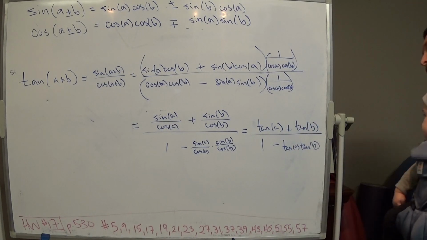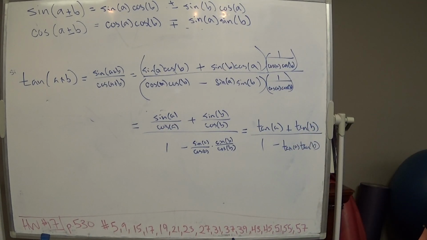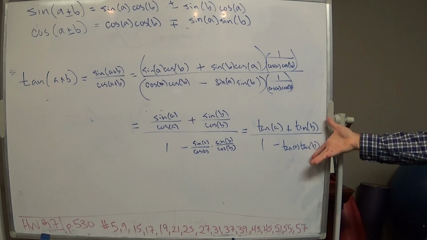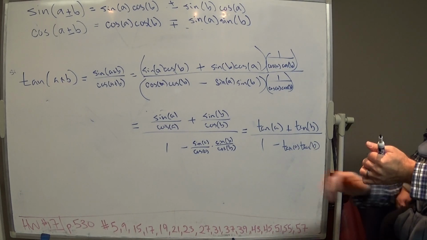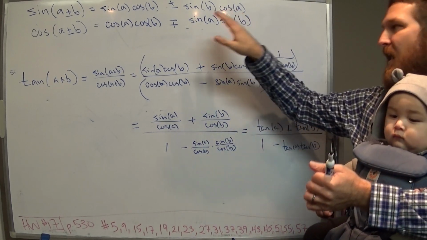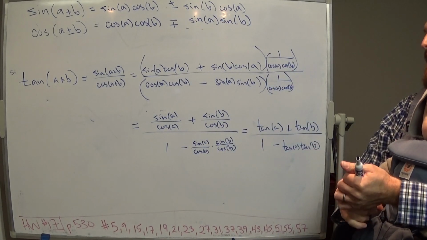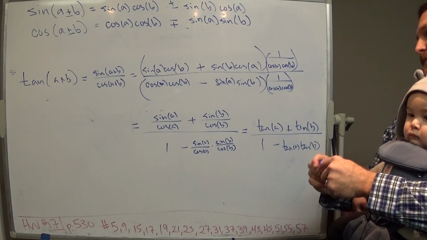So you might save yourself some time by writing this out, but it's good to know. I don't say it's necessary to memorize these. Those guys, though, it's necessary to memorize them. Commit them to memory for the rest of your life.